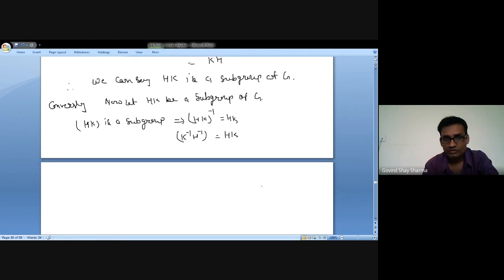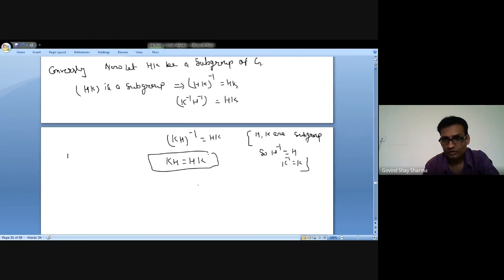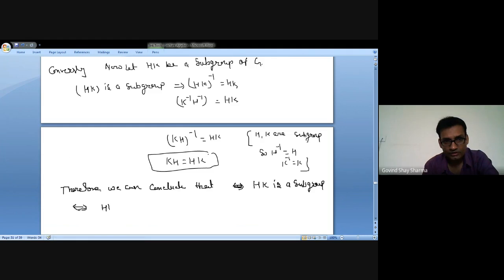Now H and K are subgroups, so H inverse is equal to H and K inverse is equal to K, so KH is equal to HK. Therefore we can conclude that HK is a subgroup implies HK is equal to KH.